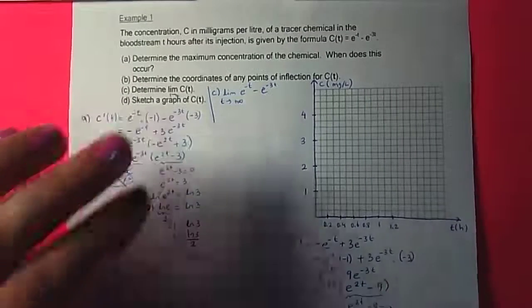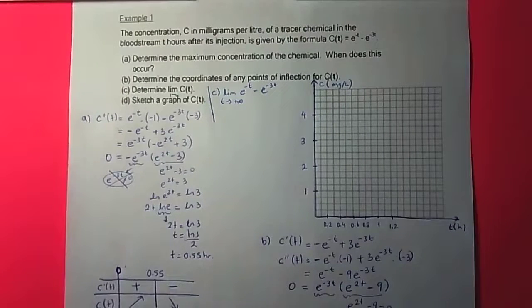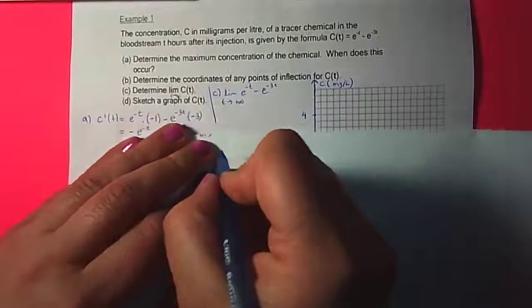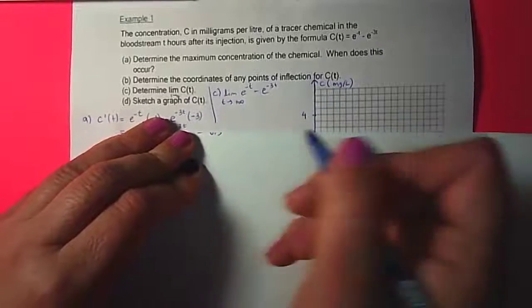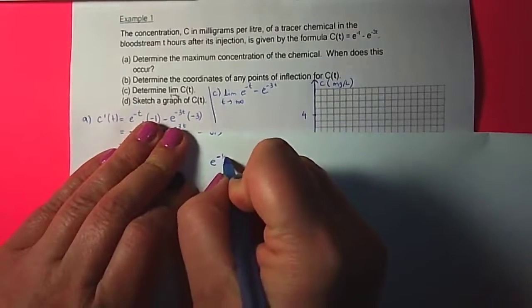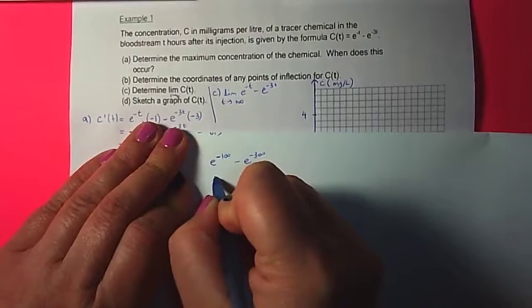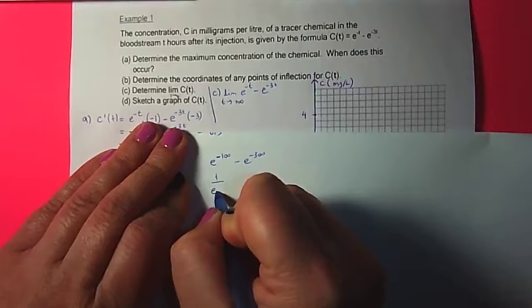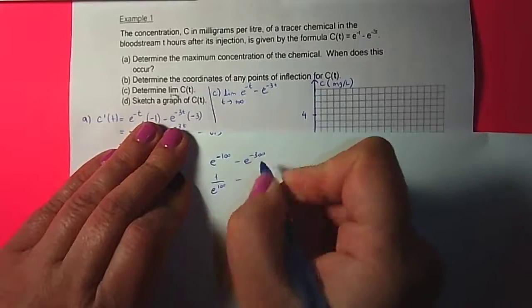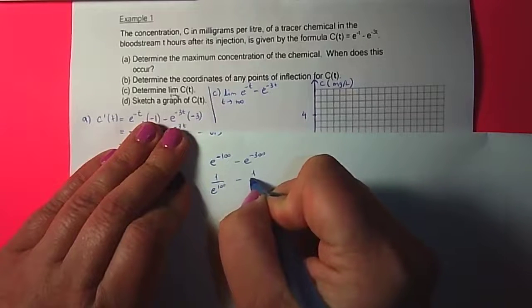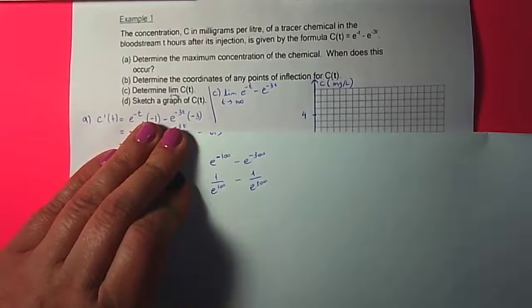Basically, you can substitute a very big positive value for t to check the limit. How about if we substitute, let's say, 100: e to the power of negative 100 minus e to the power of negative 300. The first gives you 1 over e to the power of positive 100, and the second gives you 1 over e to the power of positive 300.